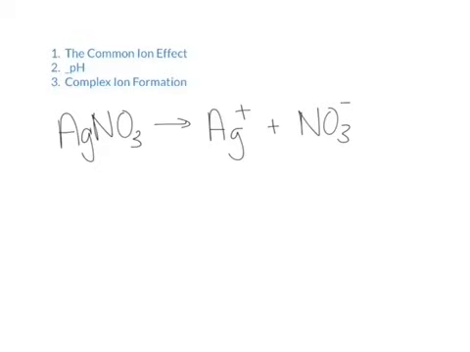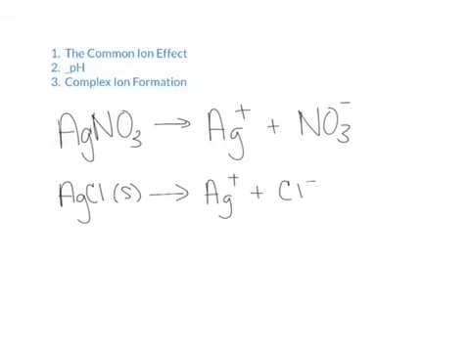If we were to take a different silver compound, let's take silver chloride, which actually has a pretty low solubility. Its KSP is 1.6 times 10 to the minus 10. So you have some solid going into this solution to form a small amount of Ag+ and Cl-.